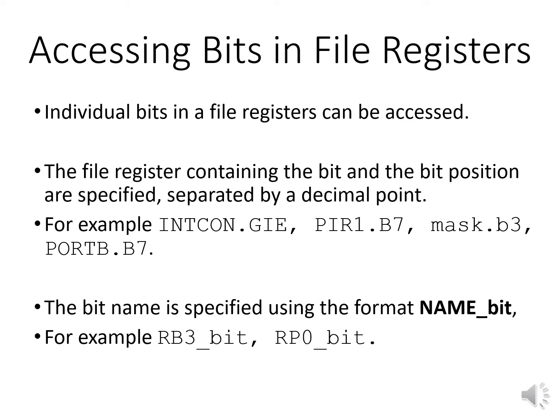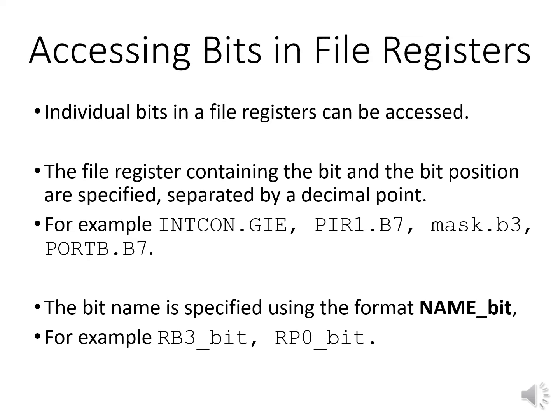For example, if you want to address the global interrupt enable bit, which is found in the intcon register, we address it as intcon.gie. If you want to address bit 7 in the PIR1 SFR, we address it as PIR1.B7.